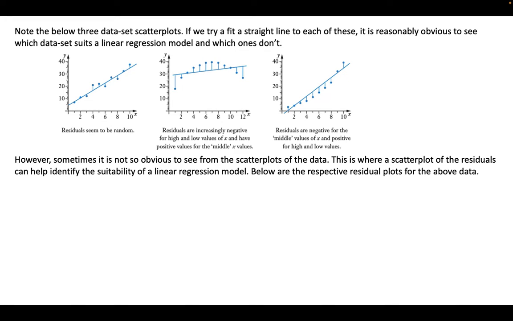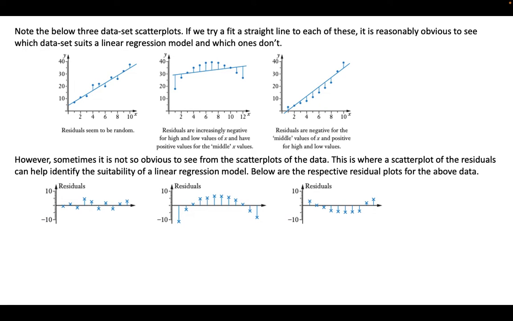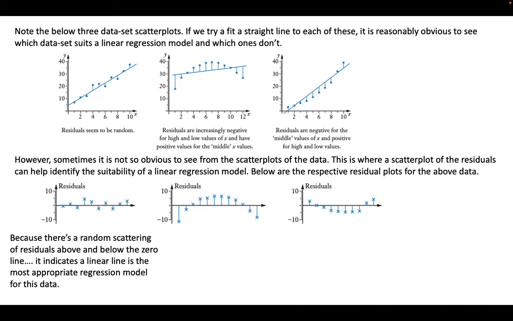But if we look at the actual corresponding residual plots of these different data sets, so this one here corresponds to the first, this one here corresponds to the second one, and the third residual plot to the third one, you can see for this first one here that there is essentially a bit of a random scattering of your residuals on that plot. So as we spoke about before, that indicates that a line of best fit, a linear regression model, is the most suitable.